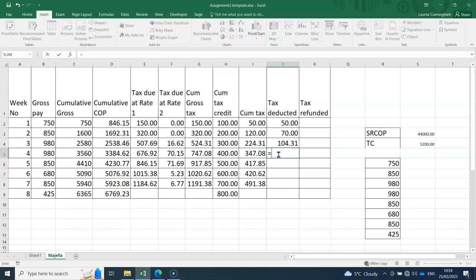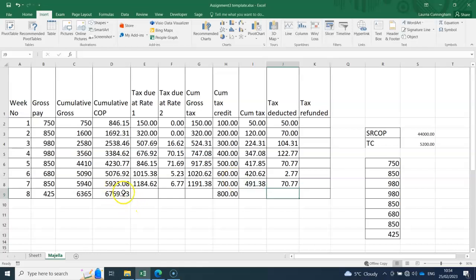So again, this week she will pay 347 minus 224. This week 417 minus 347. This week 420 minus 417. And this week 491 minus 420.